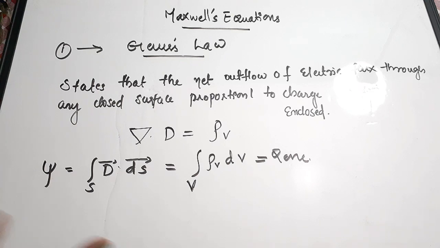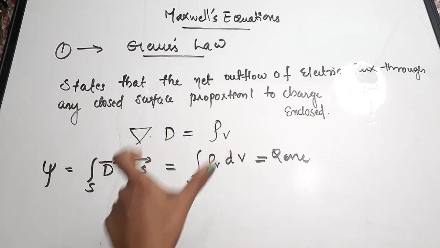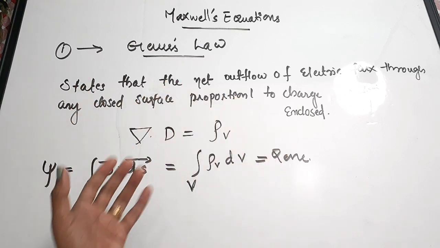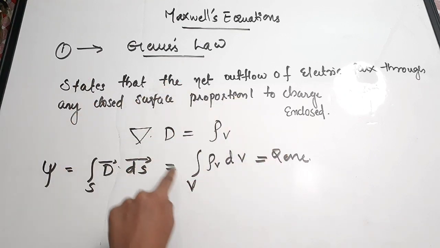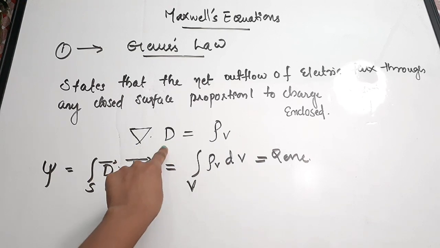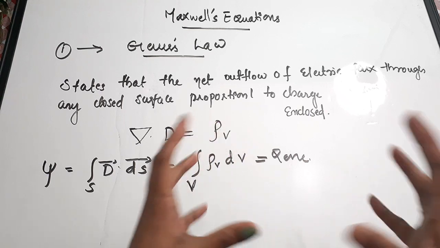This is a very important law, especially in competitive examinations, and you need to know the equation too. It is del dot D equals rho V, where D is the electric flux density, del dot D is its divergence, and rho V is the charge density in that volume.